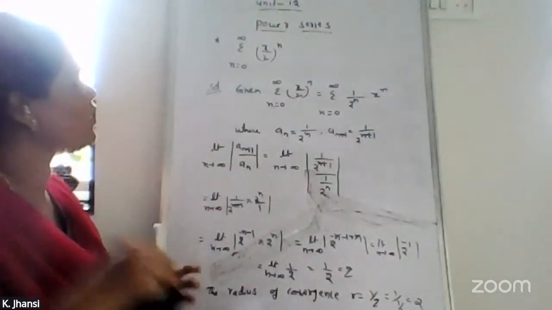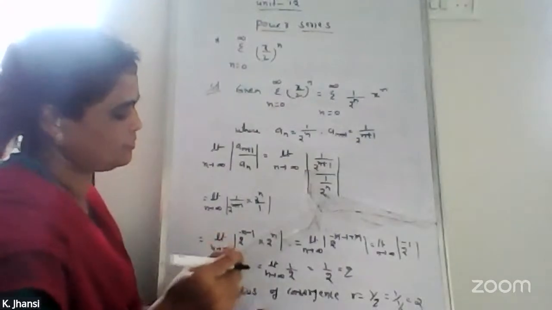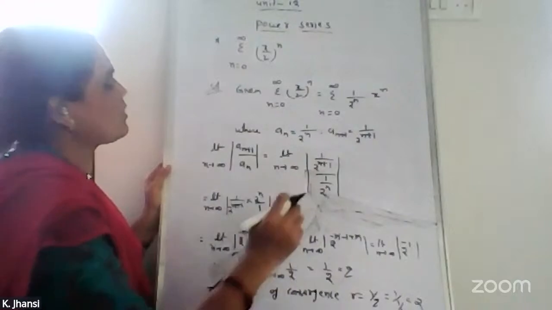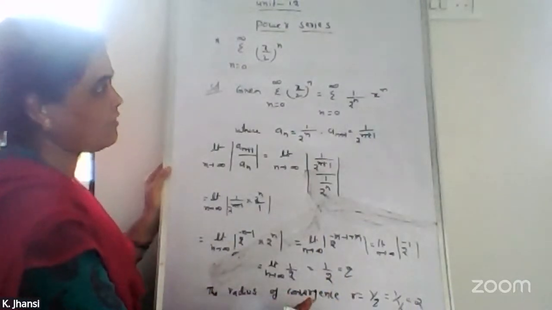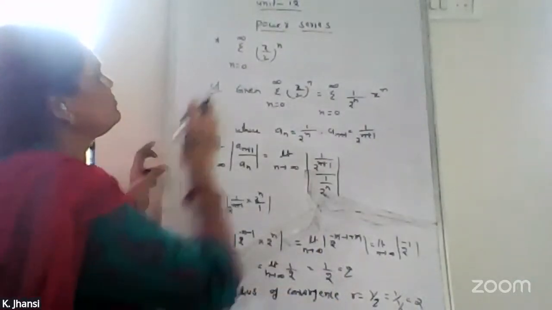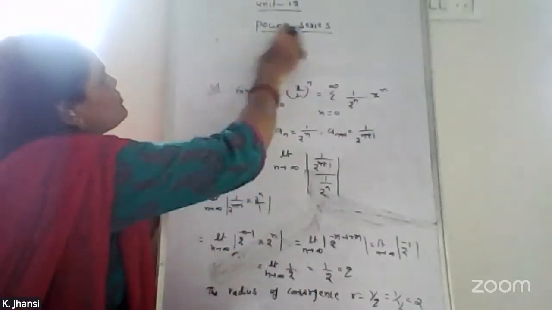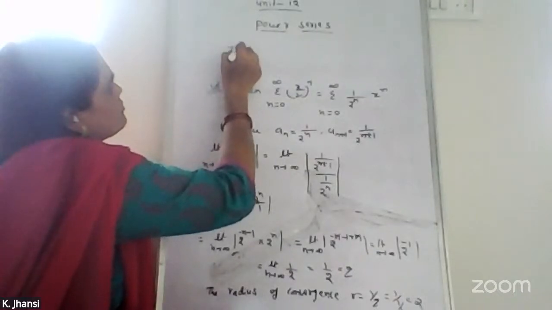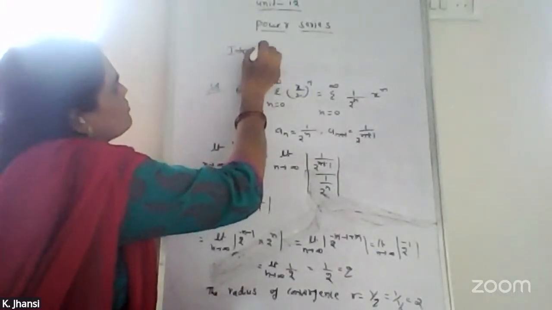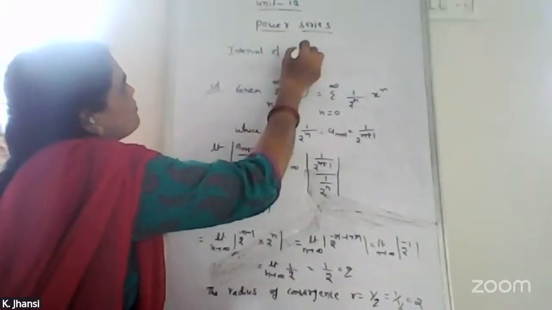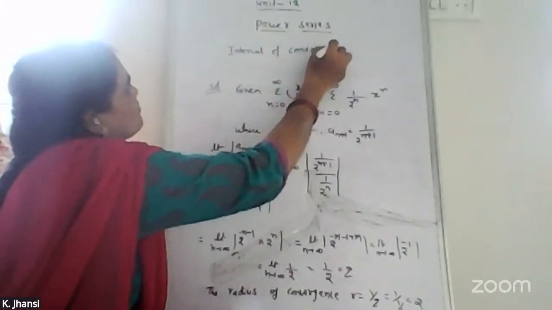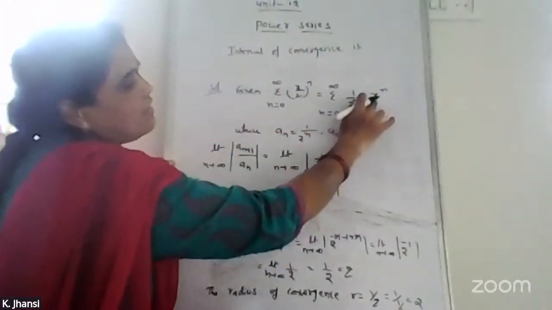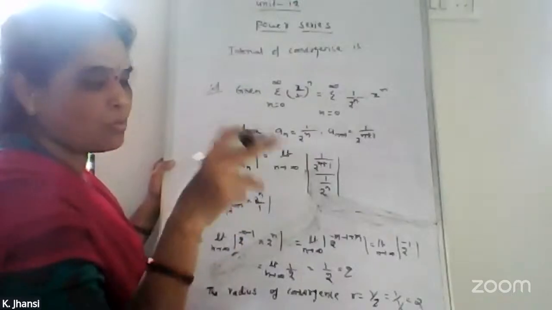And if you see the interval of convergence, here it is in the form of x to the power of n, no?